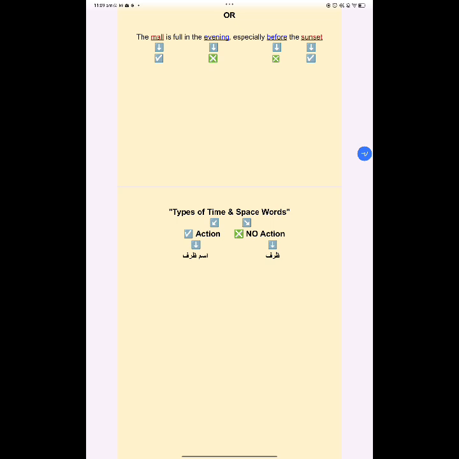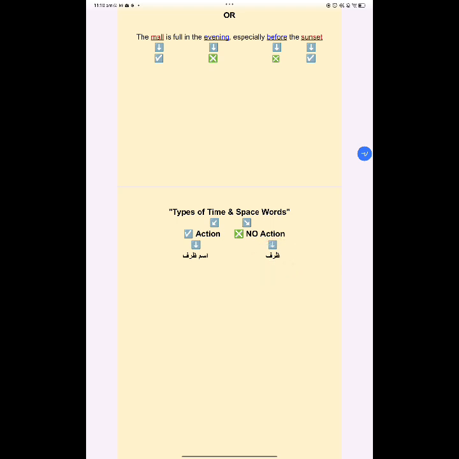So if the zarf zaman or zarf makan has any kind of action specific to it, that is called ism zarf. All right, and if there is no action that is specifically associated with the zarf, whether zarf zaman or makan, it is simply called zarf. So ism zarf and only zarf.